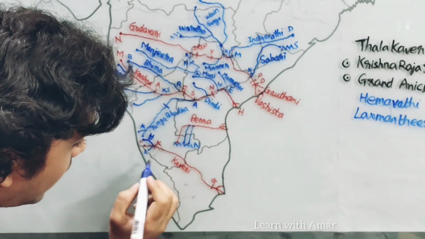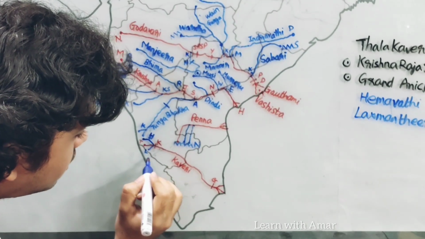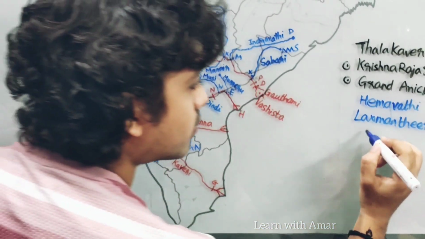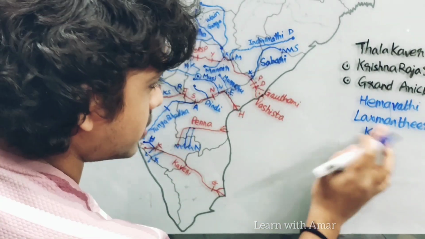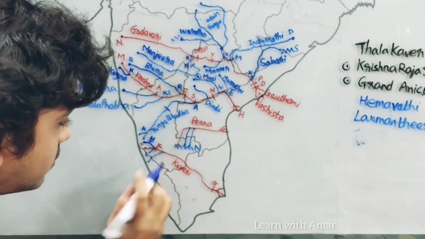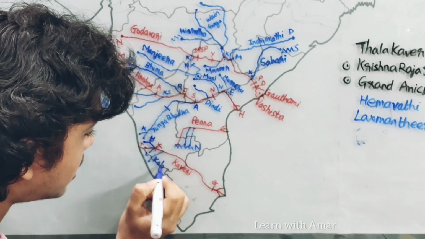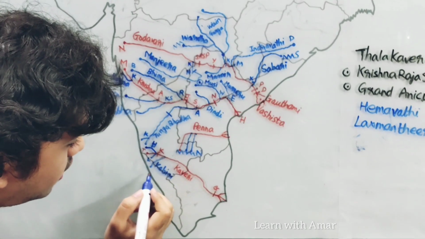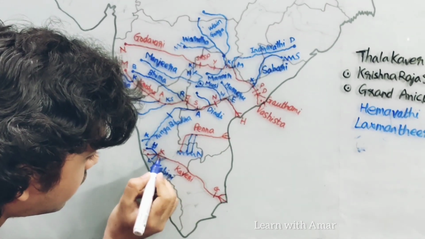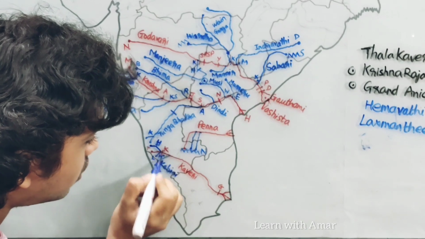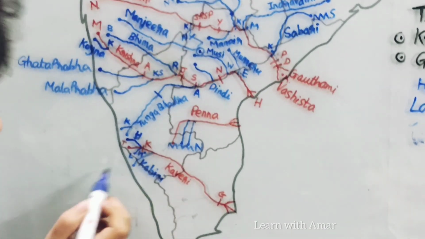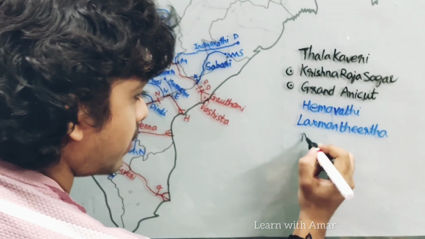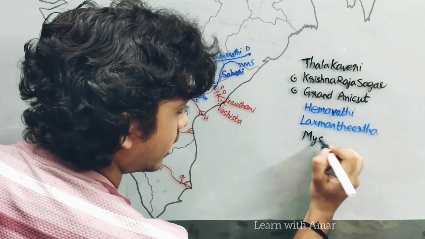Then we have this river Kabini. It also originates in the Western Ghats in Kerala, and we find the city Mysore between Kaveri and Kabini here. Mysore is a famous city in Karnataka.